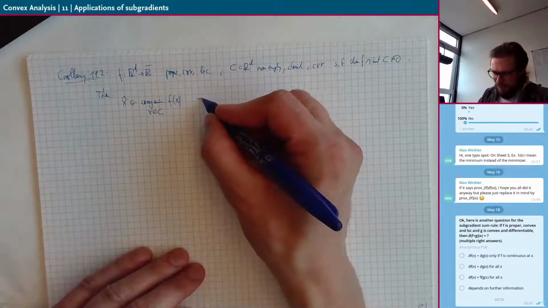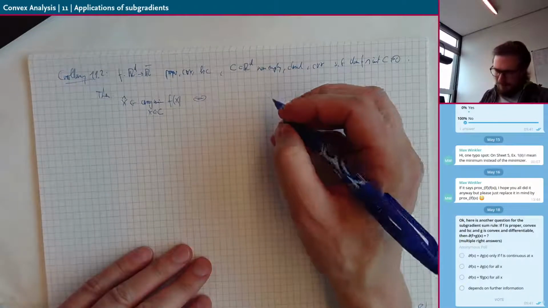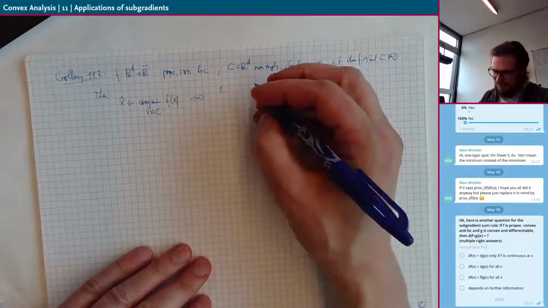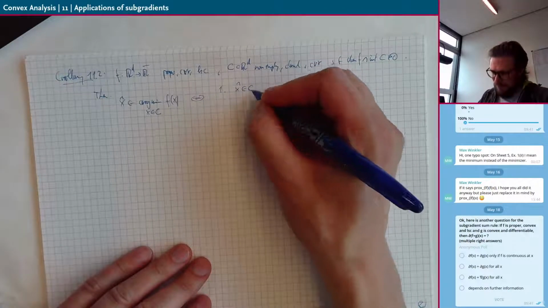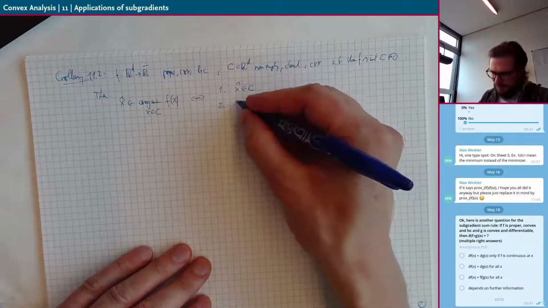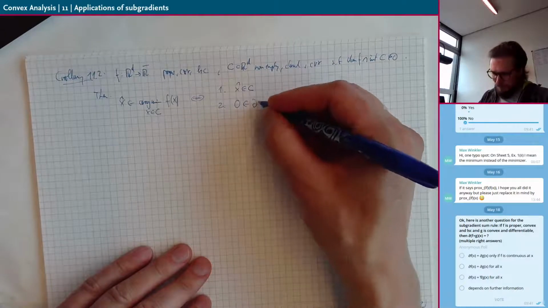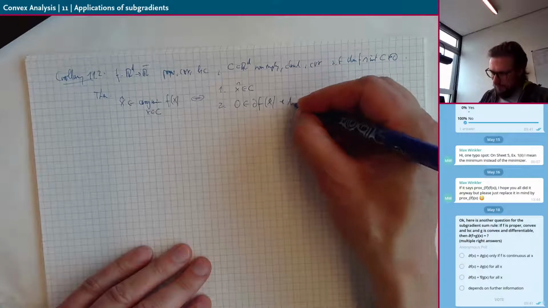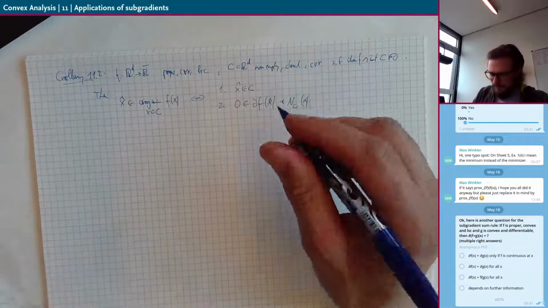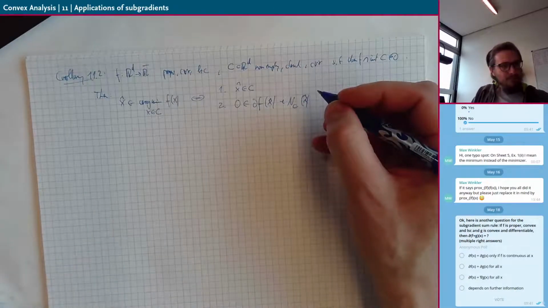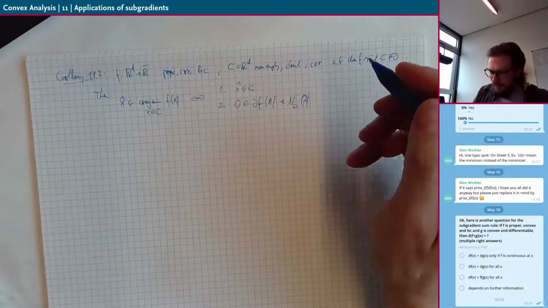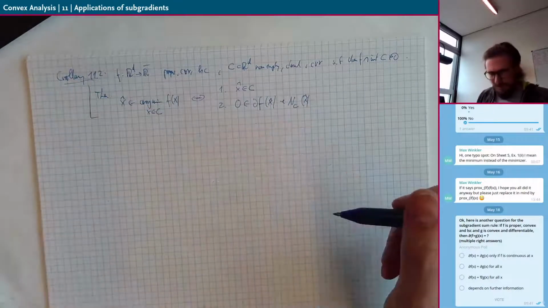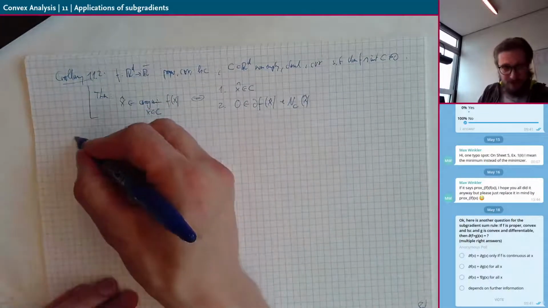So the thing is, we can now characterize this with two conditions. The first condition is that this X hat, of course, has to be in C. And the second condition is that 0 is an element of the subgradient of F at X hat plus the normal cone of C at X hat. Why does this hold?